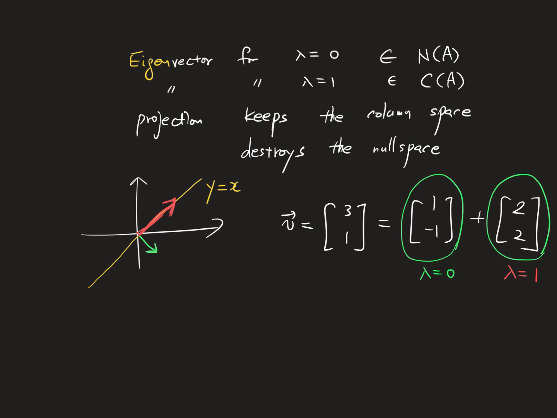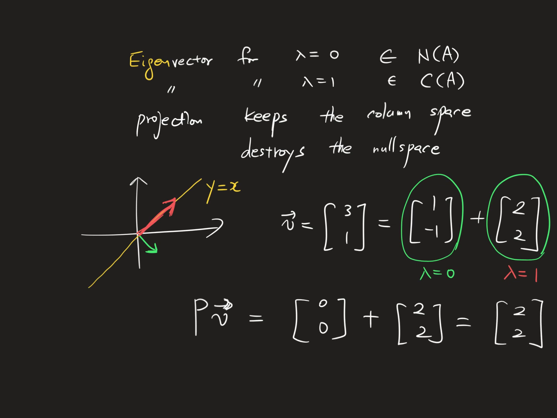So after projection, we consider Pv. This vector is after projection. What we have is 0, 0 and 2, 2. So we have 2, 2 after projection of the v vector. The reason is that the 0, 0 comes from the lambda equal to 0 component, so it's gone.